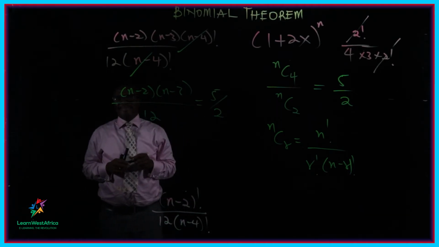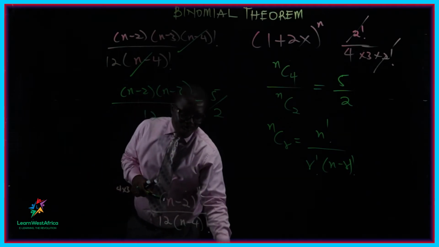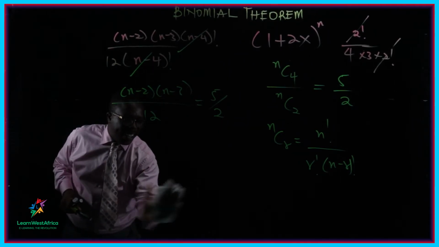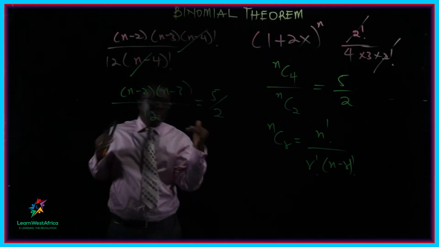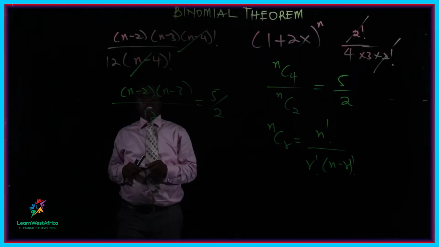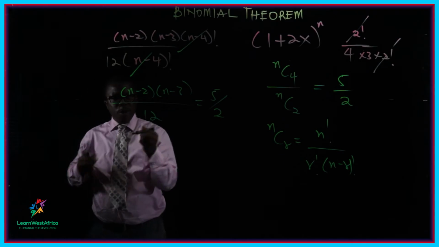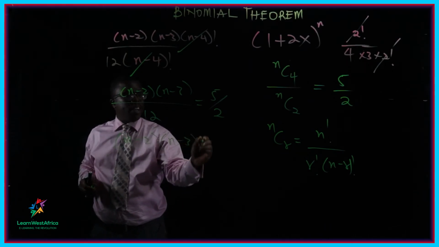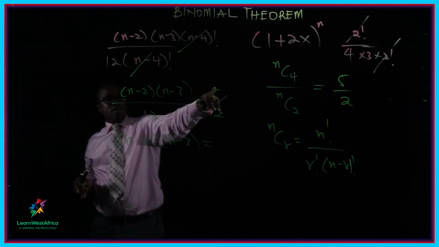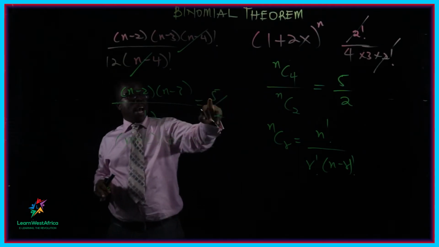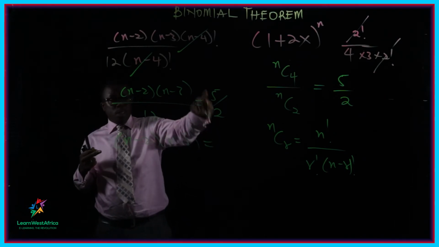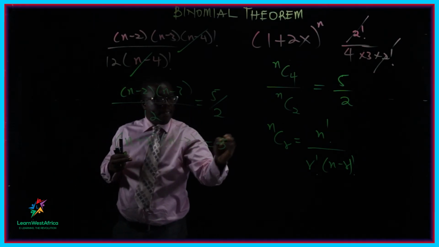Hope you're okay. All right, so now that we've been able to take away all the factorial notation, it is very apparent to us that we are looking at a quadratic relation. When you resolve this, you are going to get n minus 2 into bracket n minus 3 equal to 5 times 12, which will give you 60. 60 divided by 2 will give us 30 here.